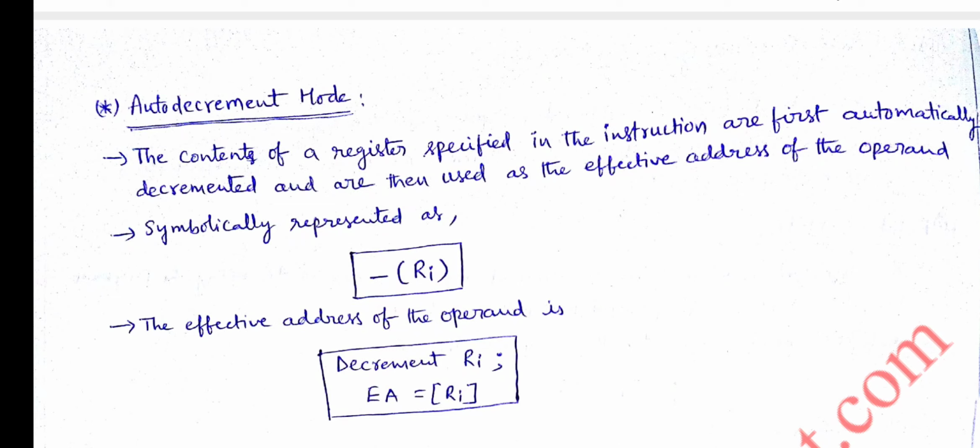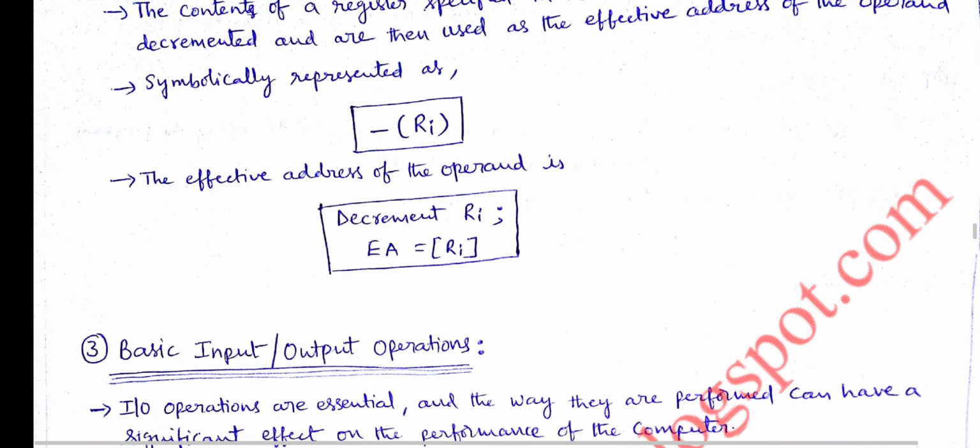It means whatever register we give is first decremented by 1, then that address should be treated as the address of the contents, right? Symbolically it is represented as -(Ri), which is nothing but the Ri value is decremented by 1, right? The effective address of the operand is the decremented Ri, EA is equal to Ri, right?